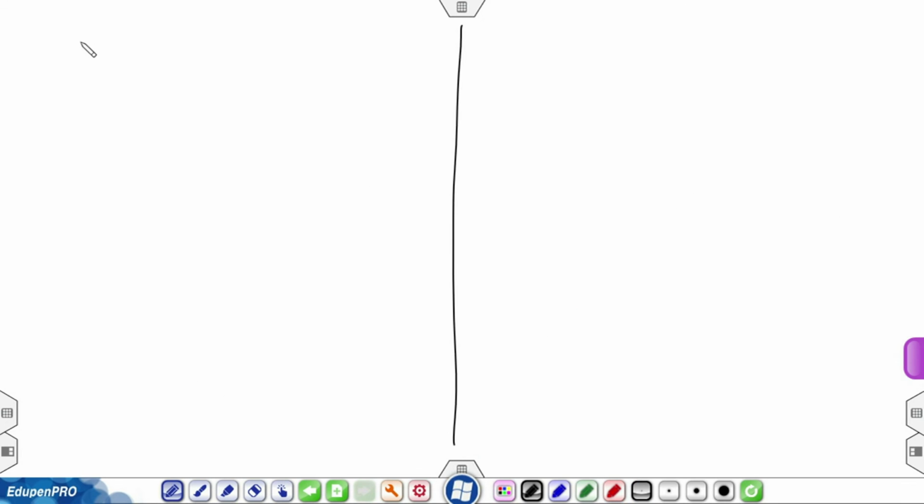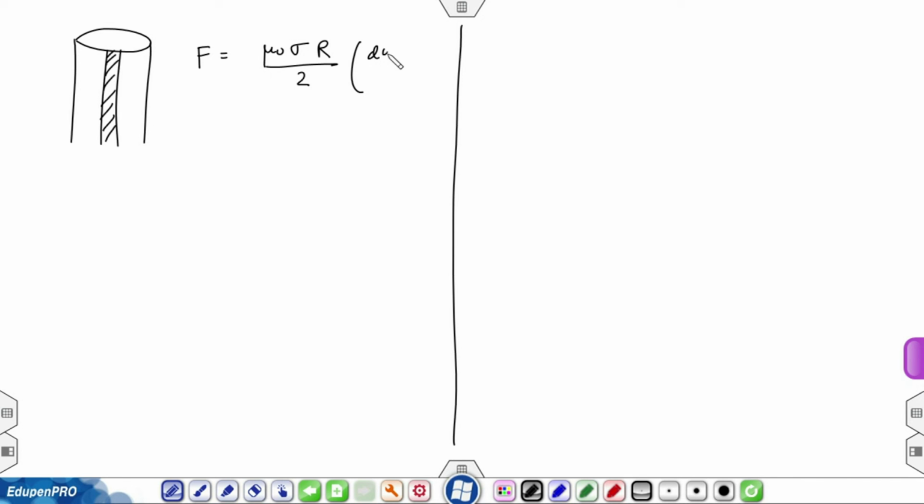Therefore, on this small strip I have the force equal to mu naught sigma r over 2 d omega/dt times sigma r d phi, and torque is mu naught sigma square r cubed over 2 d omega/dt times d phi.